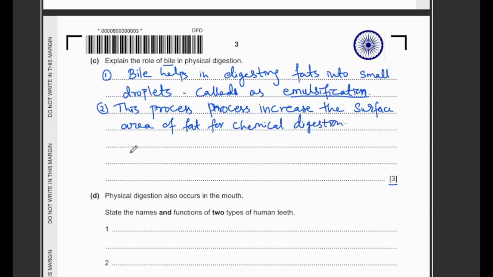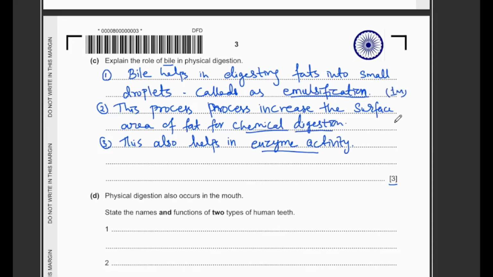digestion. Okay, third one, this also helps in enzyme activity. So we got enzyme activity, chemical digestion, emulsification. These are our 3 keywords that the examiner is looking for.